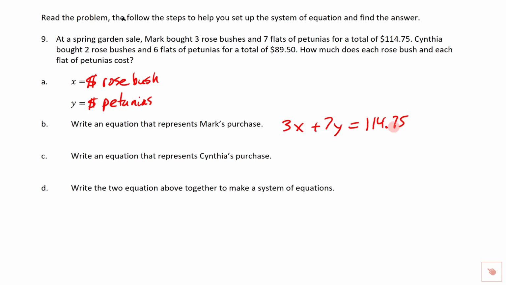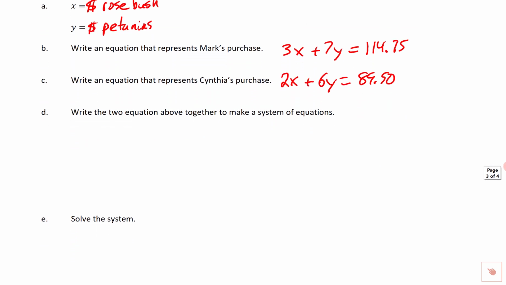And then it says write an equation that represents Cynthia's purchase. Well, Cynthia bought 2 rose bushes, and then she bought 6 flats of petunias for a total of $89.50. So we're going to do 2 rose bushes, so that's going to be 2X. And 6 petunias, remember petunias are Y, so this is going to be 6Y equals $89.50.